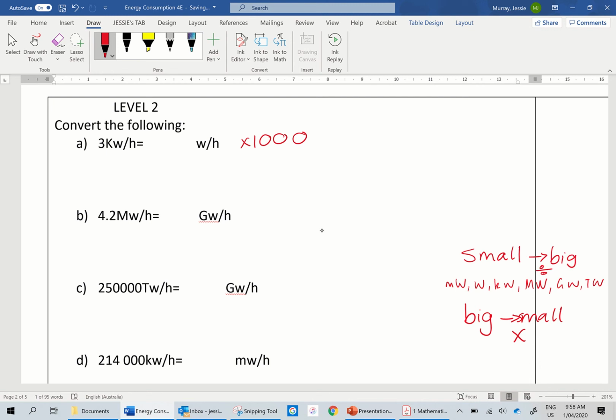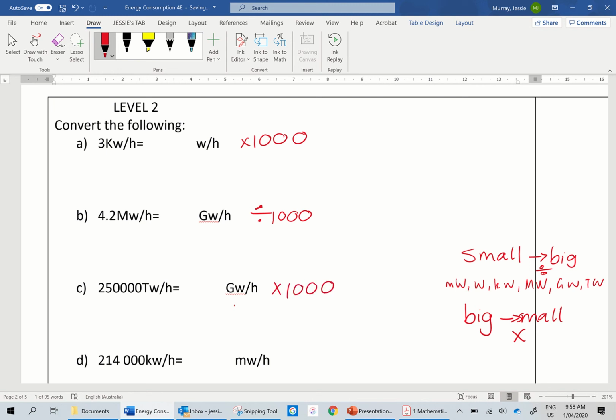I've got 4.2 megawatt hours and I'm going to gigawatts. So I go, okay, well, megawatts are a smaller one and I'm going to a big one. So this time I'm going to divide by 1000. Then I'm going terawatt hours to gigawatt hours. So I'm going from a big back to a smaller one. So I'm going to multiply by 1000.